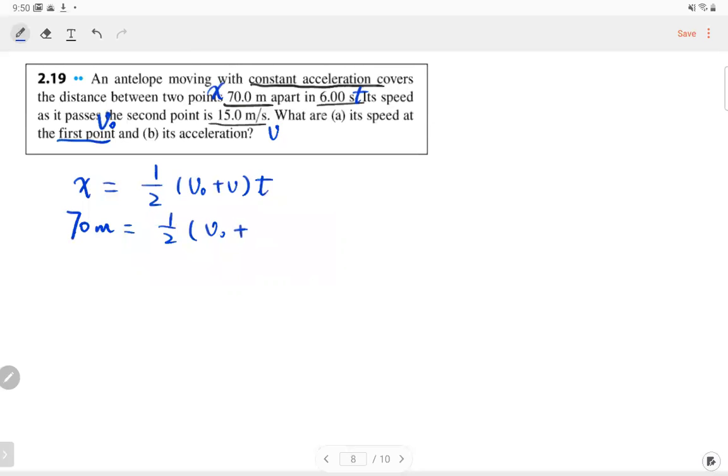We keep it here, and the final velocity is 15 meters per second. Time is 6 seconds. Okay, so the initial velocity we can solve. Let's see what the value of the velocity is. So the velocity is 8.33 meters per second.